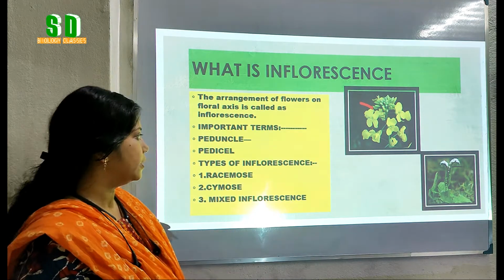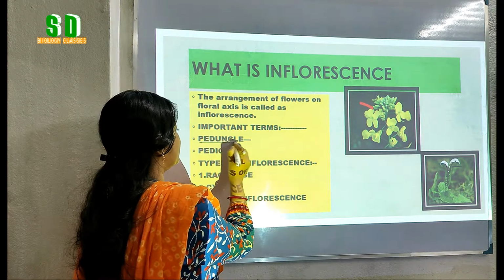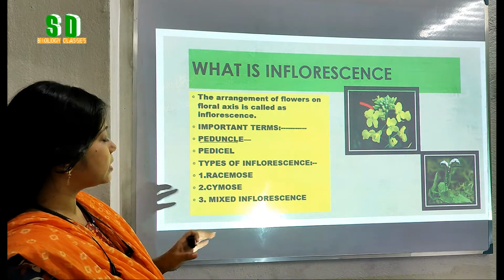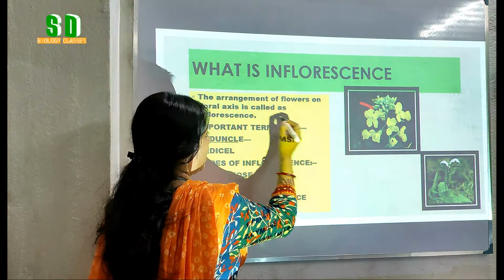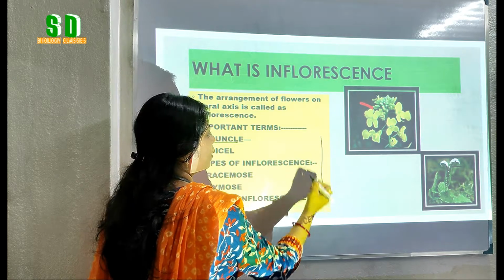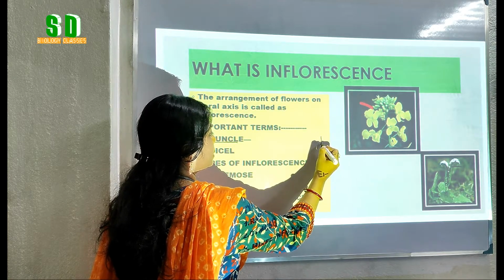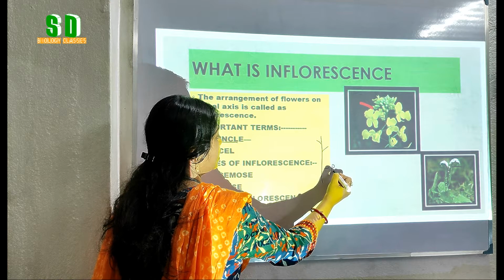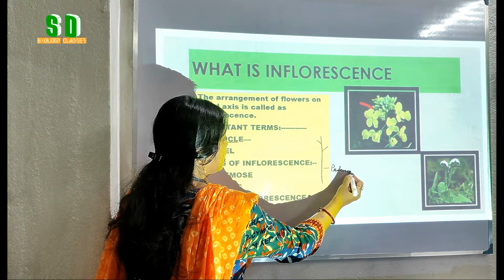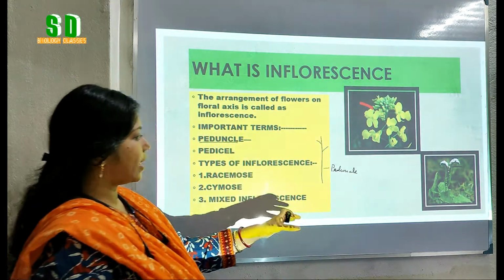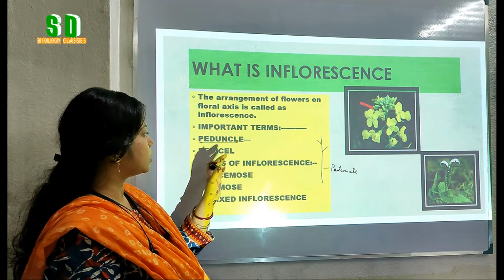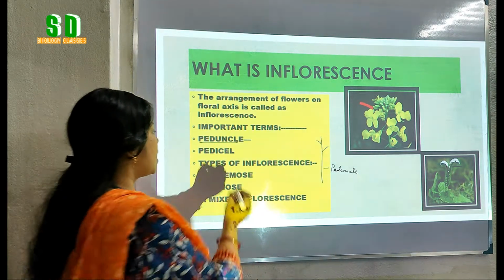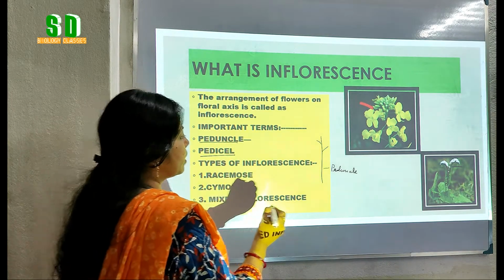Now we have to know some important terms related to inflorescence, without which we cannot understand inflorescence properly. First of all, what is peduncle? The long floral axis where the flowers are arranged is called the peduncle. And what is pedicel?